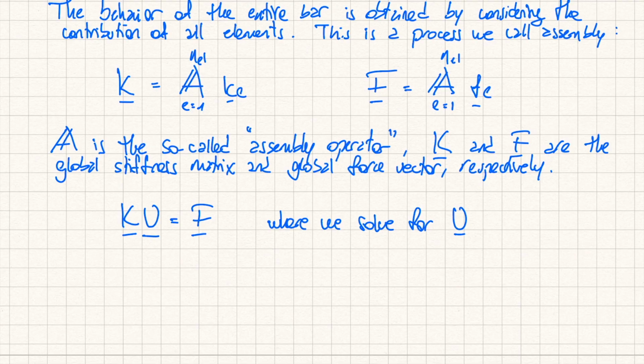Now, can we solve this problem? No, until you apply the boundary conditions. Yes, we need to apply boundary conditions. So far, this matrix that we have here, right, it's singular. We have not prescribed any boundary conditions. So if we were talking about a pure Neumann problem, remember pure Neumann problem means there is no prescribed Dirichlet boundary condition, then you can solve the problem up to a constant, right?